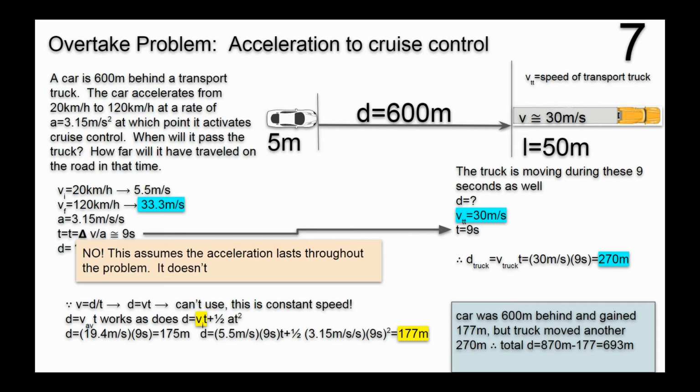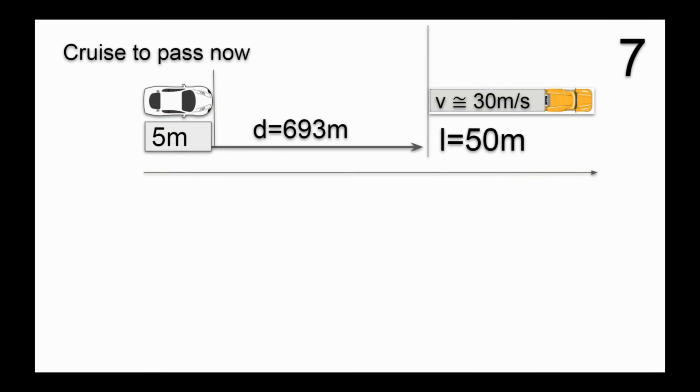So it makes sense that the car has lost ground, but it won't stay that way. Once the car is at constant speed and it's only 693 meters behind and it's traveling 3 meters a second faster than the truck, it's going to win.